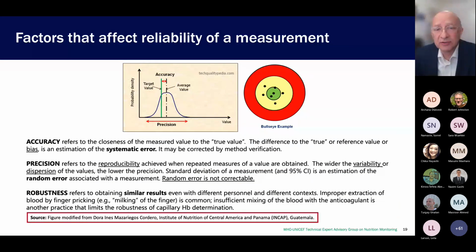Leila already presented to us the definitions of accuracy and precision, and I will not repeat those things. Accuracy is really the certainty that we are estimating the true value. And if that is systematic, we can adjust our methods. Precision, or the variability or the dispersion, is something random that we cannot change.